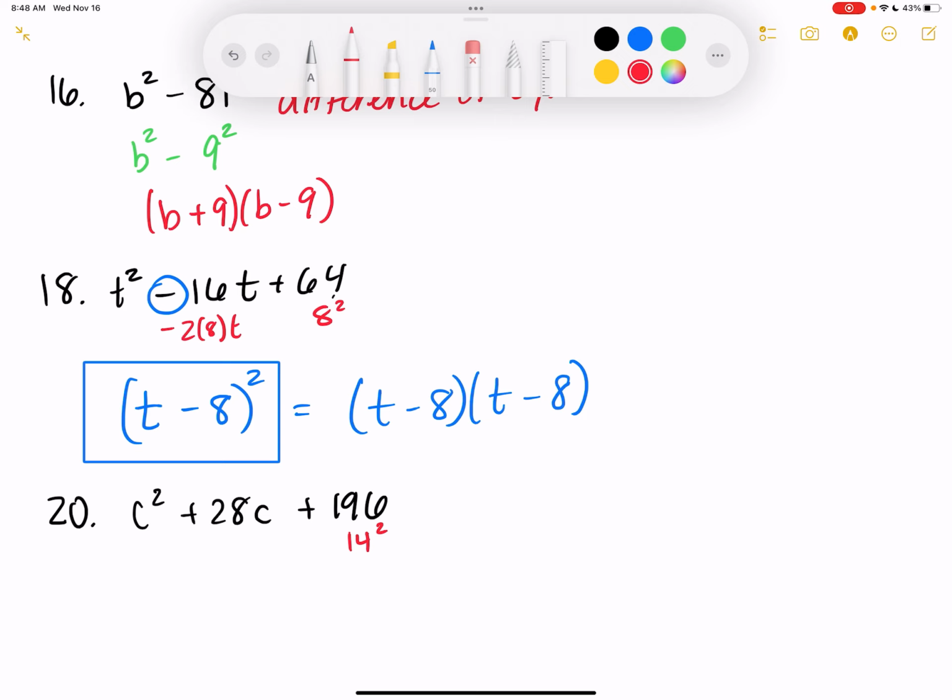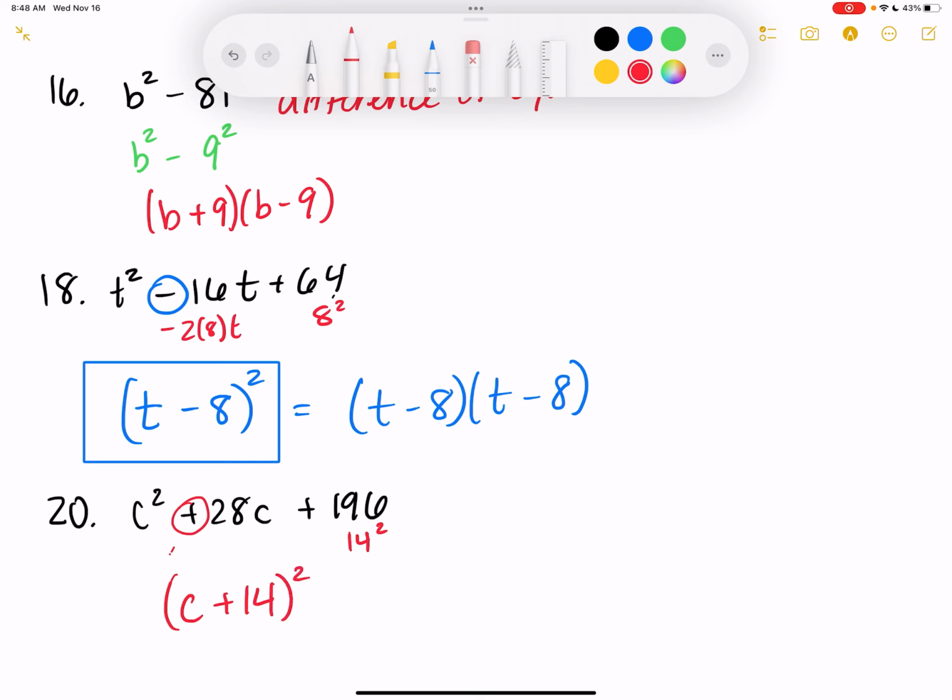I think y'all can know one past that. So the middle term is 2 times a, which is c, times b, which was 14. So 2 times 14 is 28 times c. So the middle term is good. So this factors into, this is a positive sign now, so it's going to be c plus 14 squared.